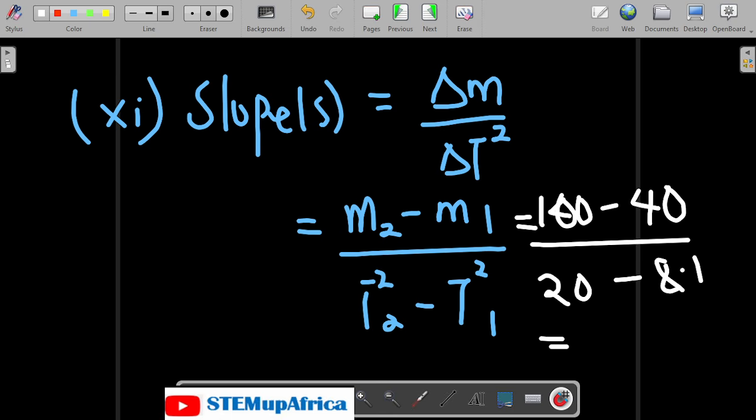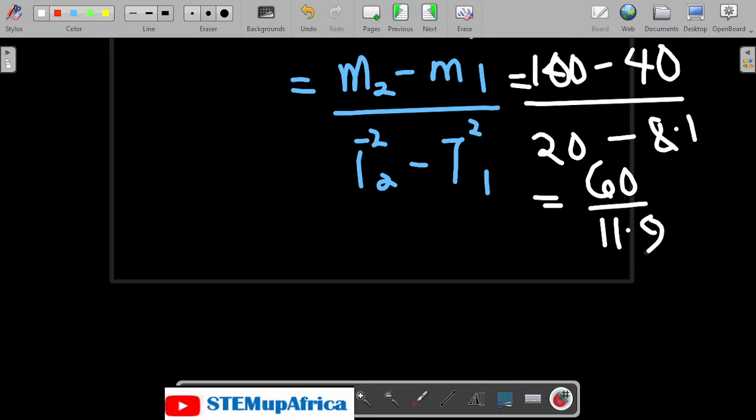So if you simplify, here will give me 60 over, then if I subtract these two, 20 minus 8.1, that will give you 11.9. Let's say approximately 12. So if you divide now, what are we going to have as our slope? Slope x now will be what? 60 divided by that.